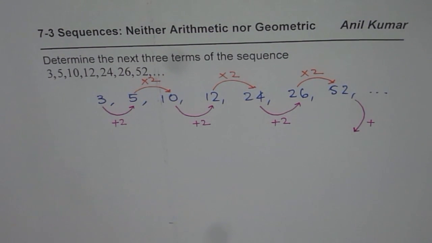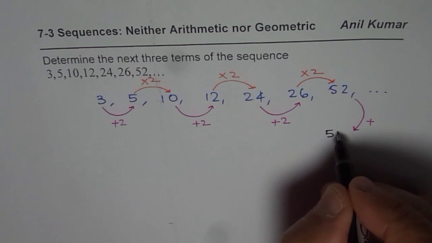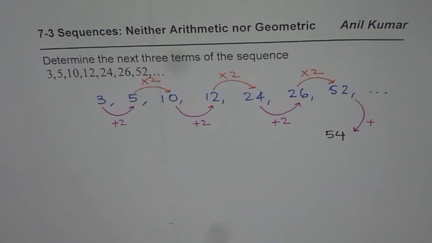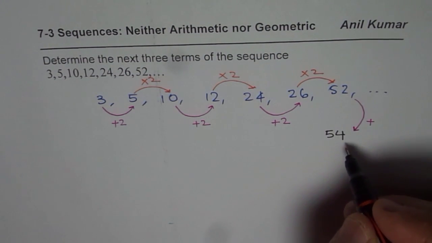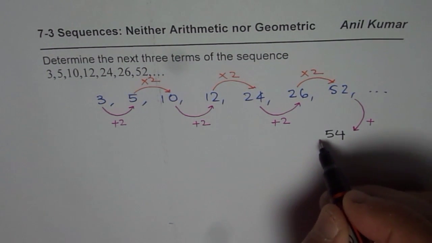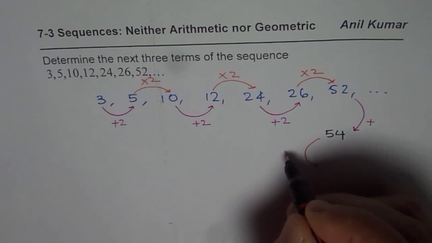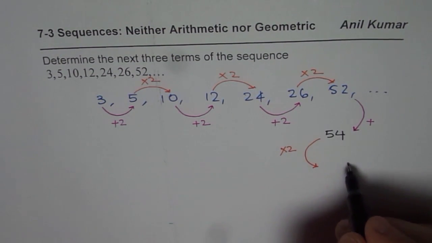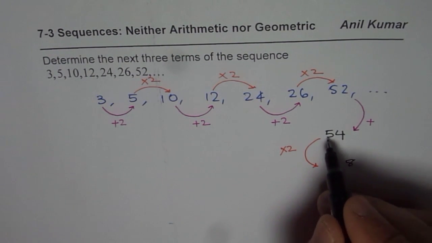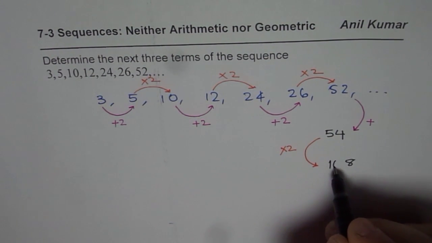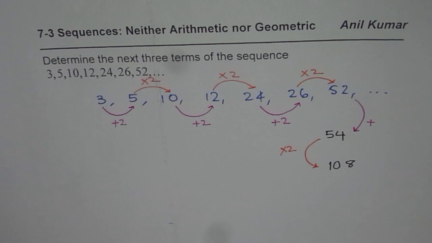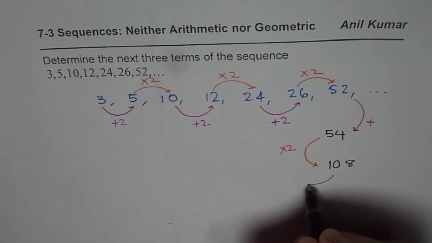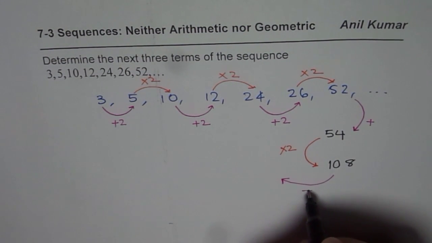So if I add 2 here, what do I get? I get 54. And once I have added 2, to get the next term, I have to do what? Times 2, right? So now let me do times 2, to get the next term. So 54 times 2 is 108. And the third term which we can get from here is really by adding 2, right?